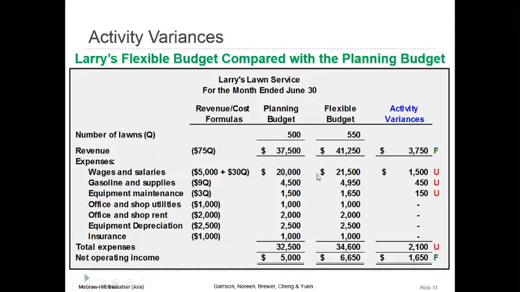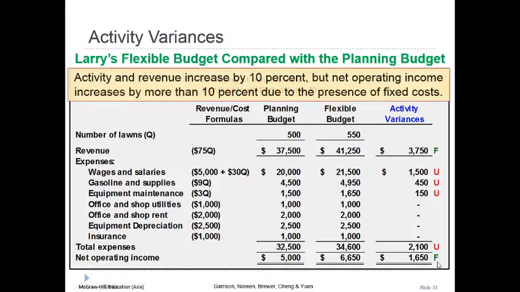If the flexible budget is bigger than the planning budget, therefore under expenses it is considered unfavorable variance. So here we minus it out, so this one no changes, therefore no variance here. So we get a total of net operating income favorable of 1650.